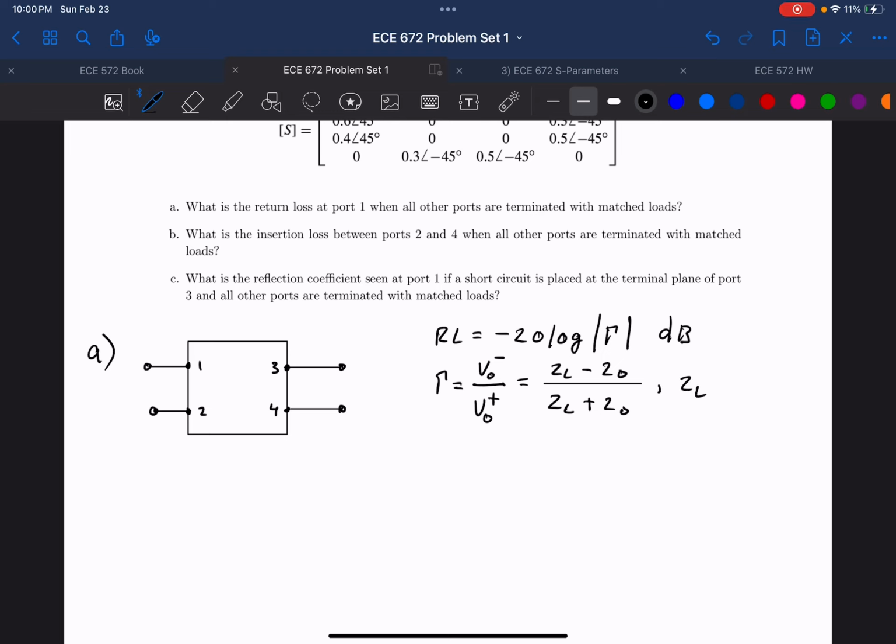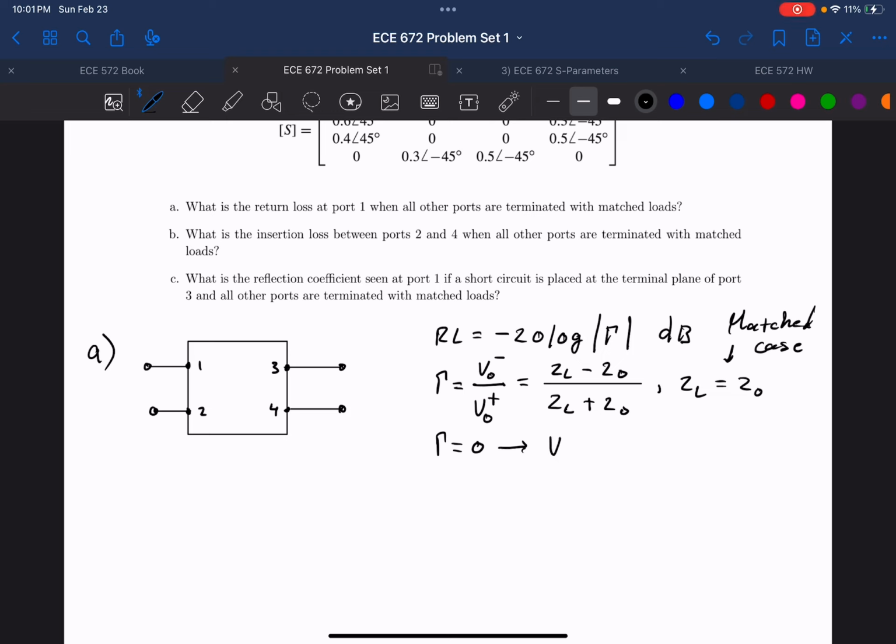When ZL is equal to Z naught, this is the matched case, meaning gamma L is equal to 0.